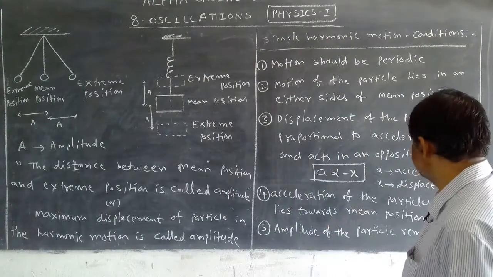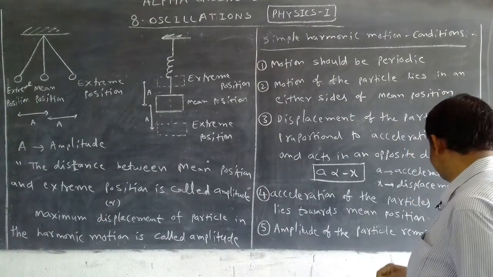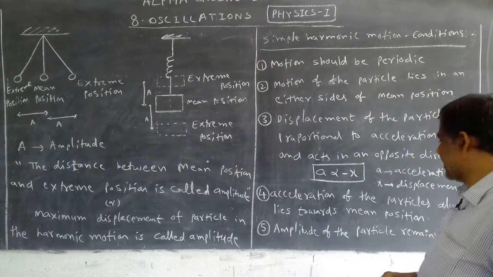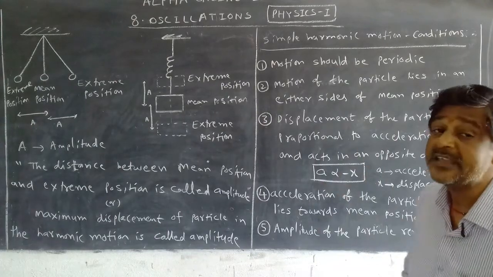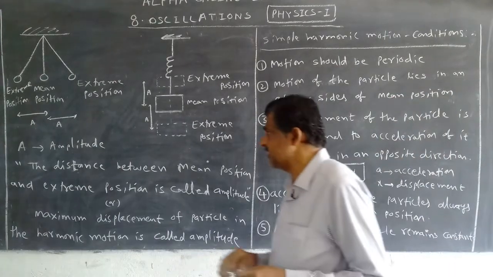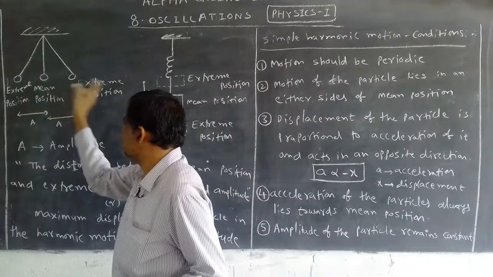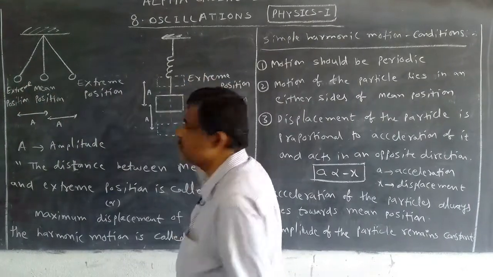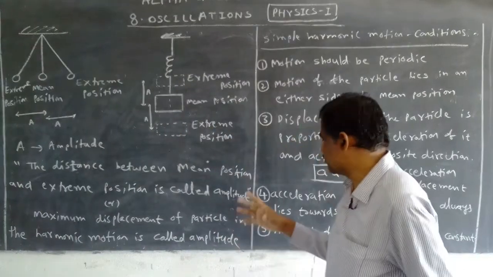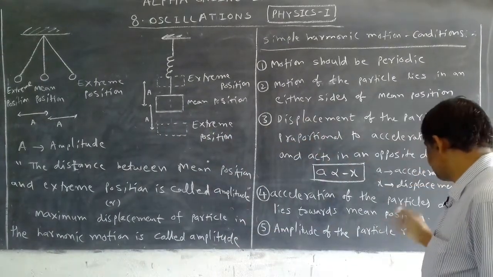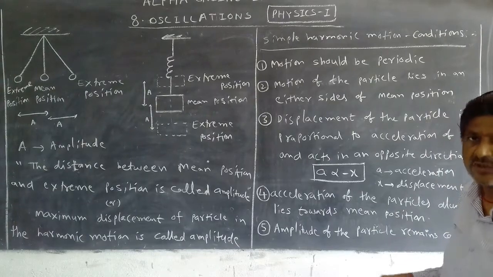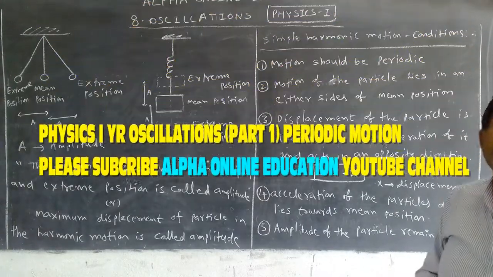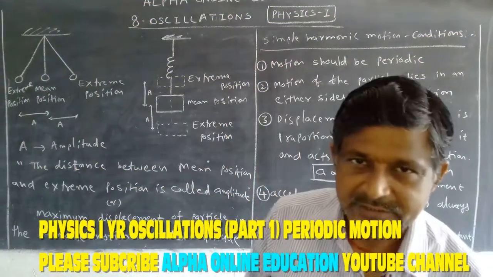And fourth one, acceleration of the particle always acts towards the mean position. Last one, amplitude of the particle remains constant. Amplitude should be a constant.